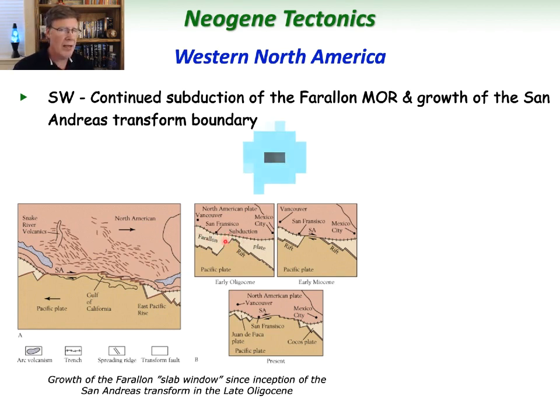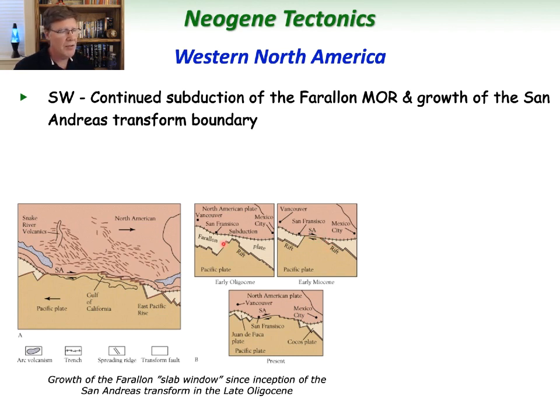And at about 28 million during the Oligocene, that was when the first part of the mid-ocean ridge started to get subducted underneath North America. So with time, more and more of it would be subducted, and as that happens, the San Andreas transform boundary would start to grow in length.